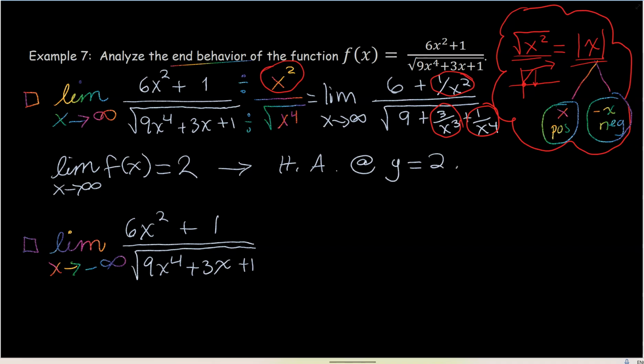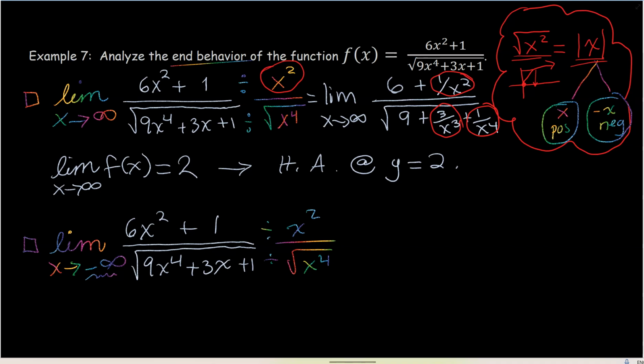Okay, now what happens when we are approaching negative infinity? Will this still hold? Will the value of that still hold? So we would still be doing the same: x squared on the numerator divided by the square root of x to the 4th. Now, when x is a negative number, it really doesn't matter because you are going to raise that to the 4th power. So it becomes positive, and then the square root is x squared, which is a positive number.